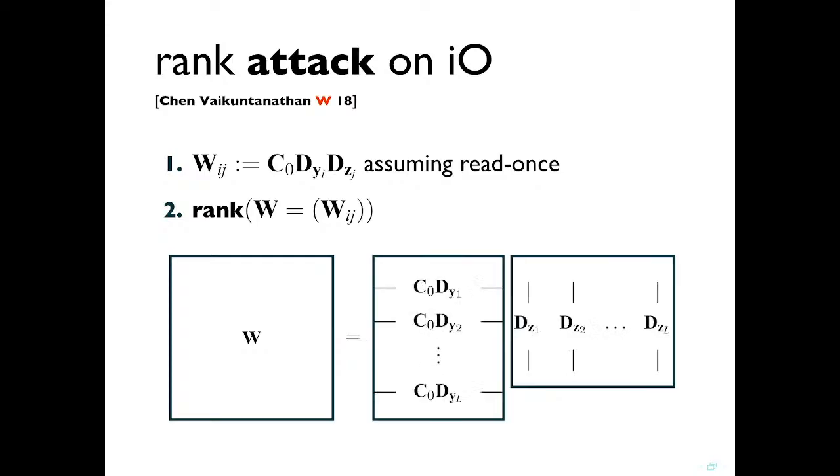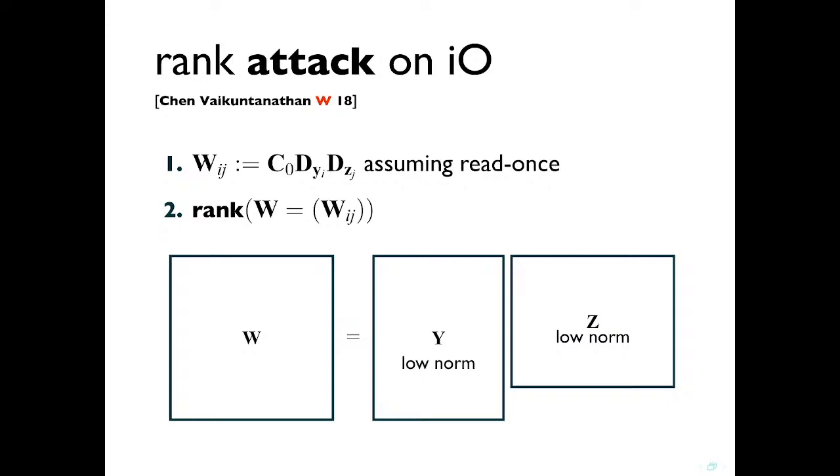This means that the W here also decomposes into a product of two matrices. The first half depends only on the Y_i's, and the second part only depends on the Z_j's. The point here is that the width of these matrices is more or less fixed. They depend only on the width of the branching program, whereas the height you can pick arbitrarily large, by picking sufficiently many inputs.